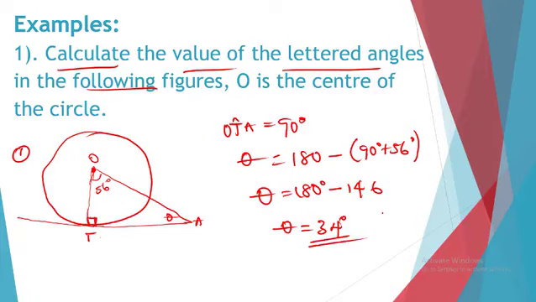As simple as that. Example number 2, we are asked to find the letters in this diagram. Okay, let us start. Looking at this diagram, you will agree with me that P, which is here, is equal to 90 degrees. And we call it angle at the semicircle.